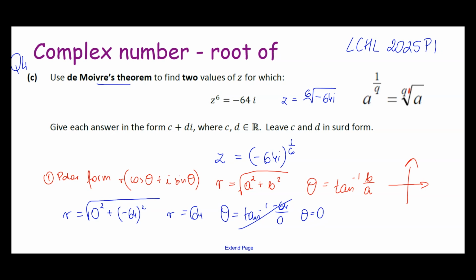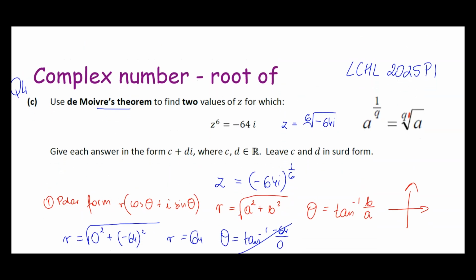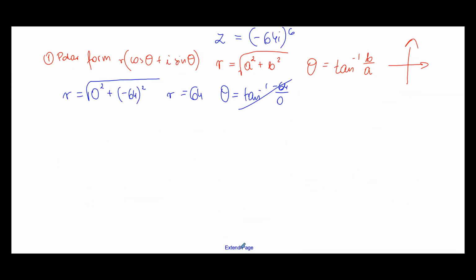That's the reason why we always check where our complex number is in the context of the diagram. Since my real value is 0, I know that this is my real axis, so 0 is here. The imaginary part is minus 64, so it will be somewhere here.